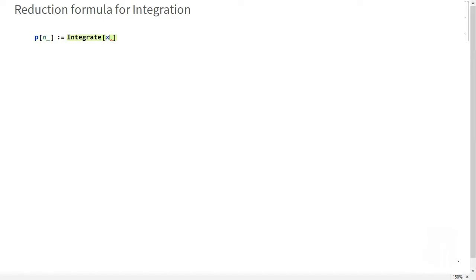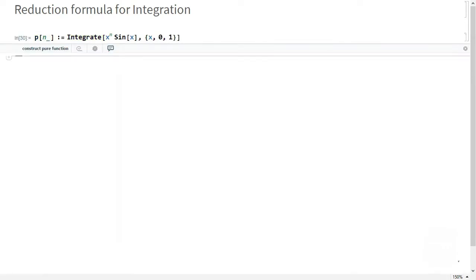So first write x to the power n, and then you type sine of x, then you type x, 0 to 1, right? If you run it, nothing will happen, because this is just a function.